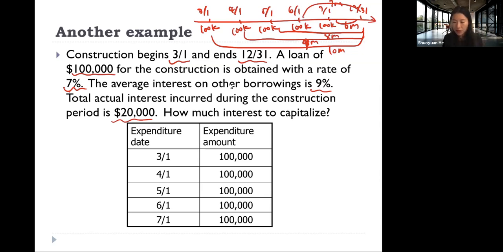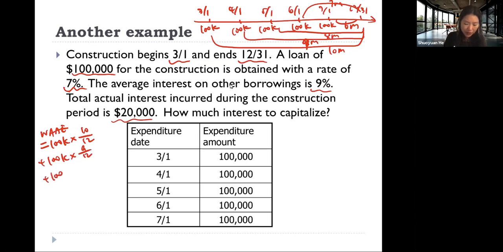So step 1, weighted average accumulative expenditure. We weigh each of the expenditures by the period it is occupied on the project. The first one is 100,000, occupied for 10 months. The second 100,000 is occupied for 9 months.